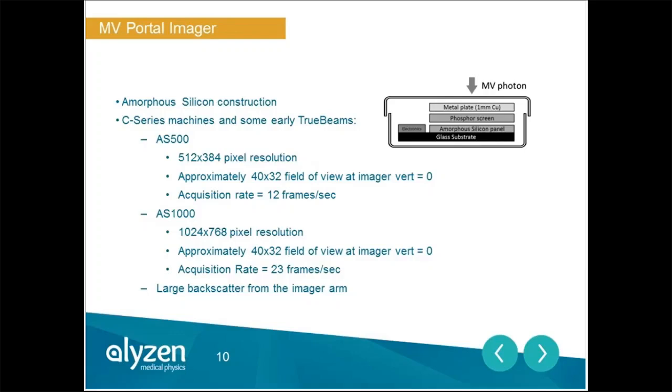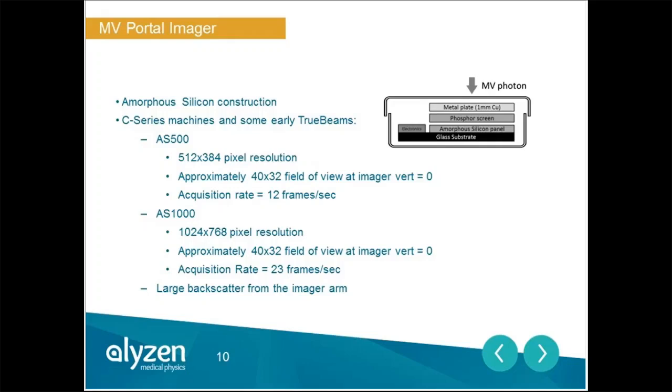Oftentimes, the early C-series machines had an AS500 or an AS502. You can look at that pixel resolution of 512 by 384, kind of a low resolution. What's really interesting about this panel is that you get a 40 by 32 in the X and Y respectively field of view, and that's when the imager is at 0.